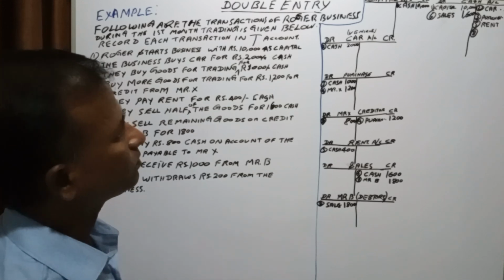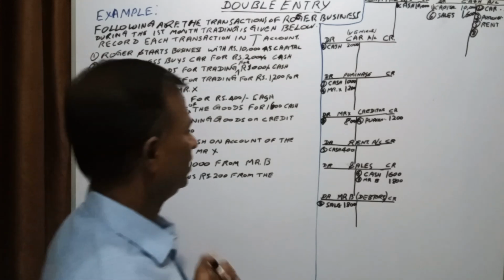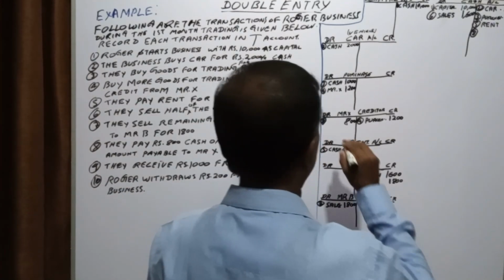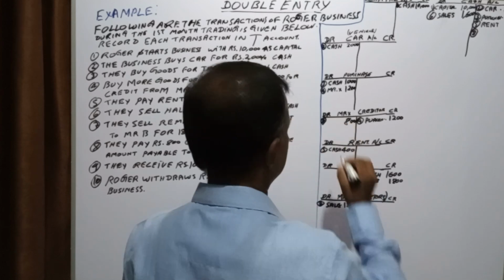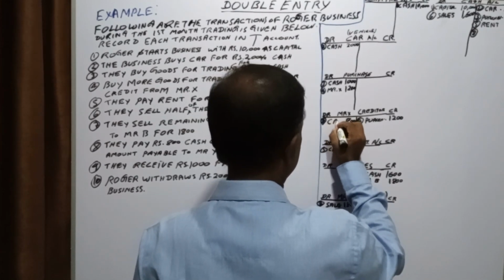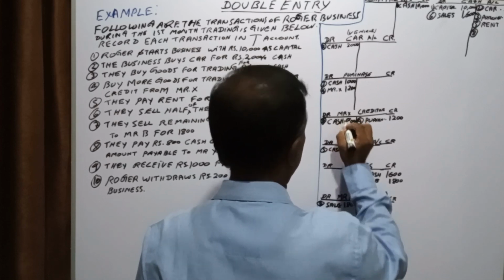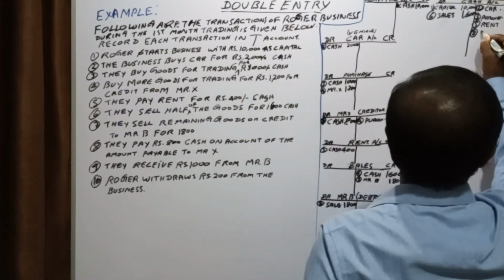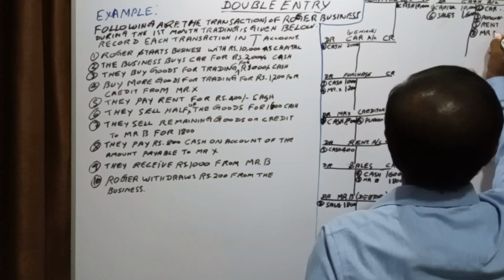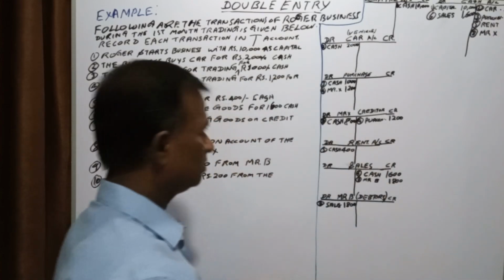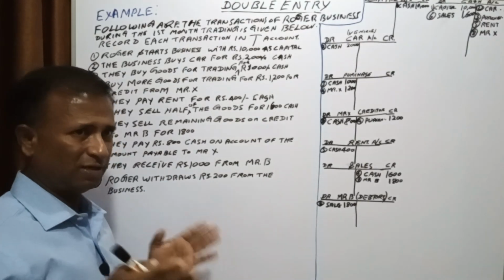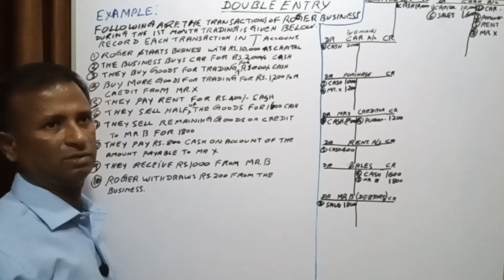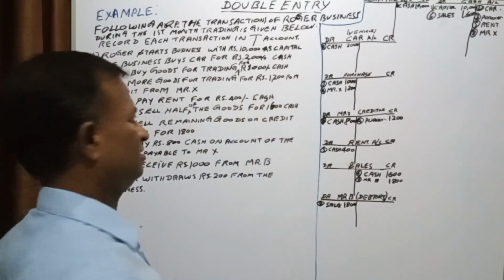Okay, so what is the corresponding adjustment? Because we are paying to Mr. X, Mr. X account, cash account, Mr. X. Okay, very easy. If you understand the basics, then the rest of the things are easy.